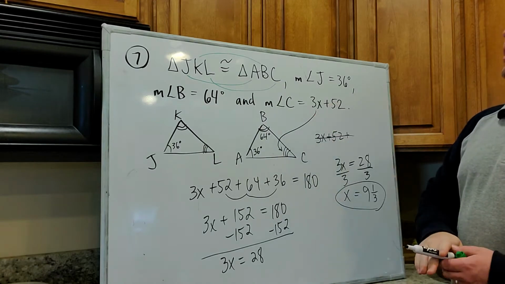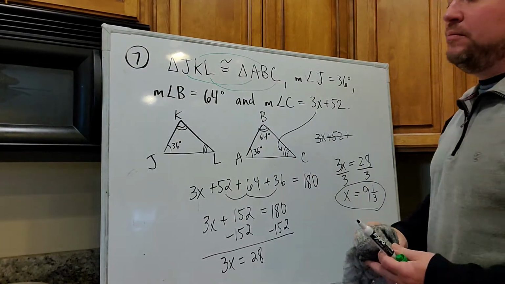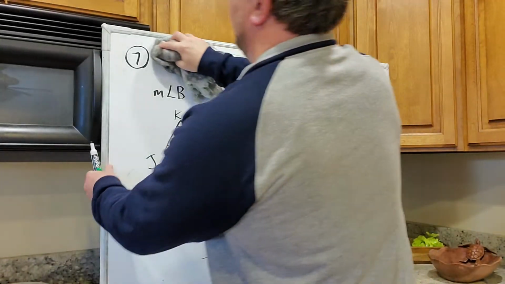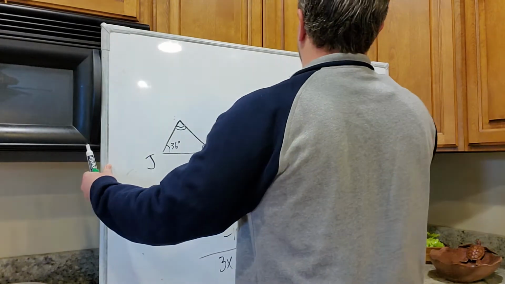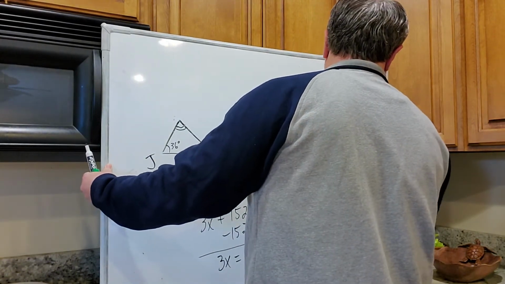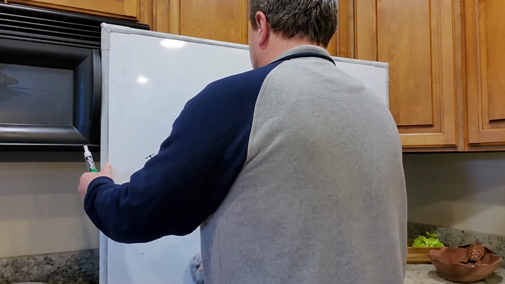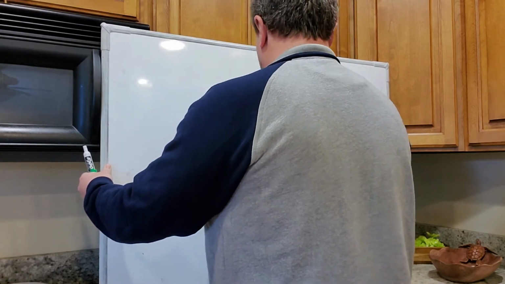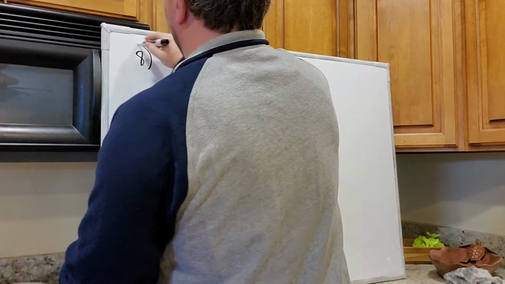Okay, on this same review worksheet, though, the very next problem, problem number 8, now is going to be a couple of congruent triangles, but this time, instead of it involving the angles, this time it's going to involve the side lengths. It's problem number 8 that I'm talking about here.